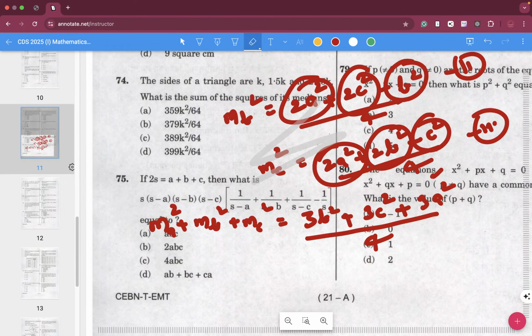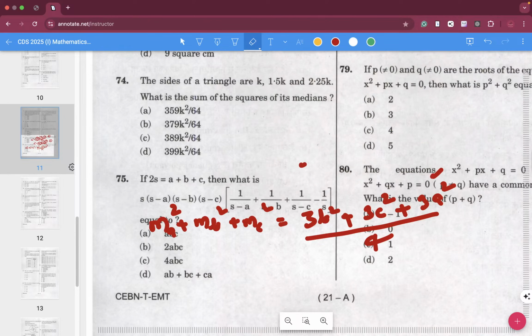Now what we can do? We can delete this one to make some space, and this particular stuff I can also write like this. I can say that 3 is common. Now what is A square plus B square plus C square over here? A square is this particular value.